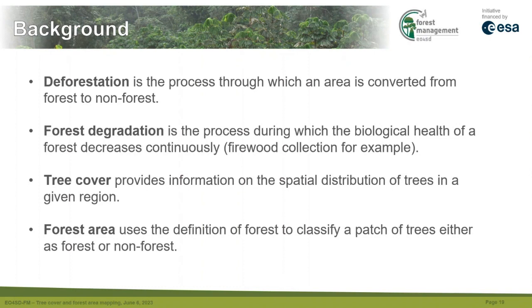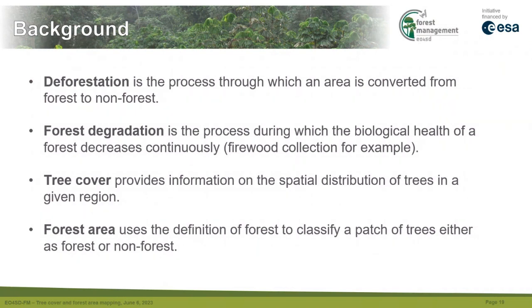In order to identify deforestation hotspots, and mitigate and monitor such issues, we need products such as tree cover and forest area, because we need to quantify before we can monitor these things. That's why the tree cover and forest area cover, which we are talking about today, are really important.